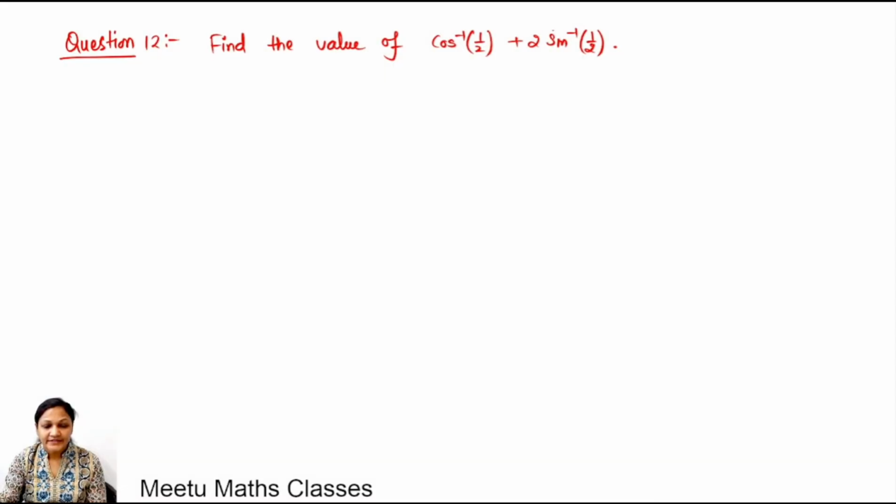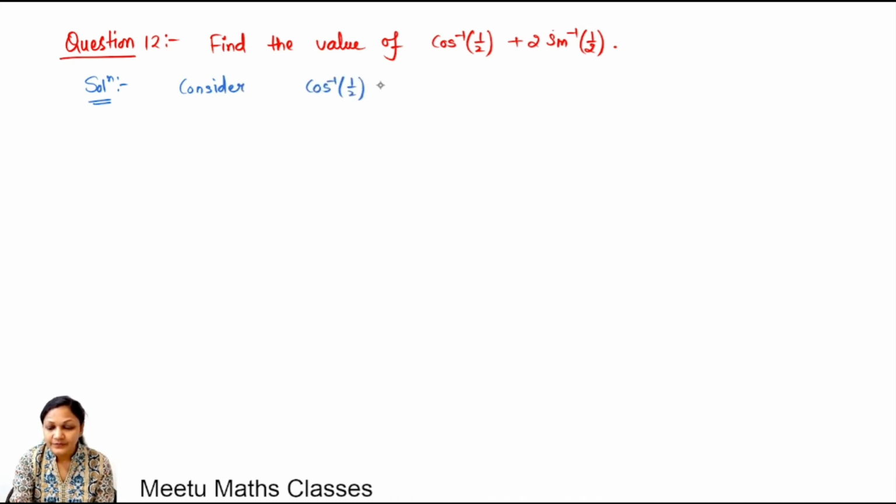Now the next question is, find the value of cos inverse of half plus 2 sin inverse of half. Now to find the value of this, consider this expression: cos inverse of half plus 2 times sin inverse of half.